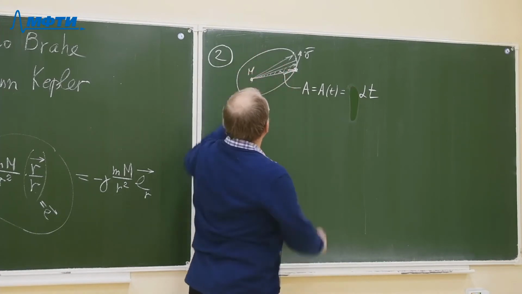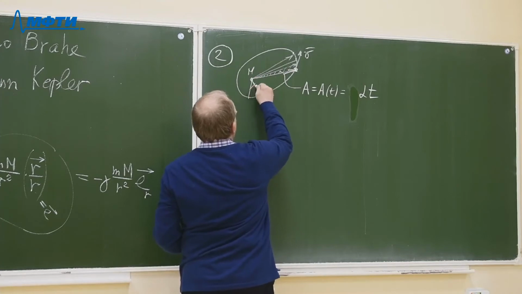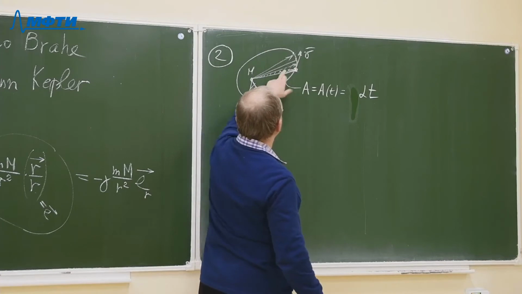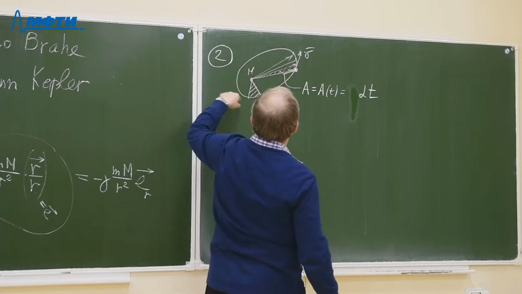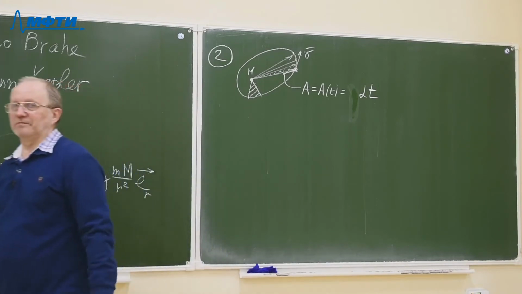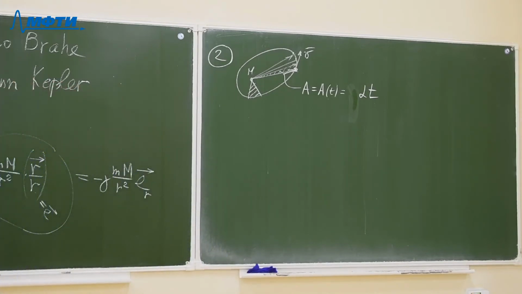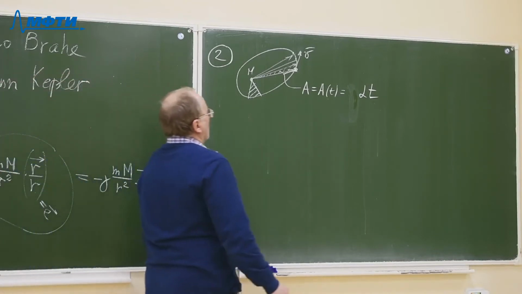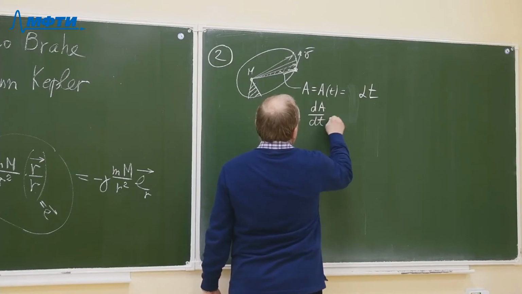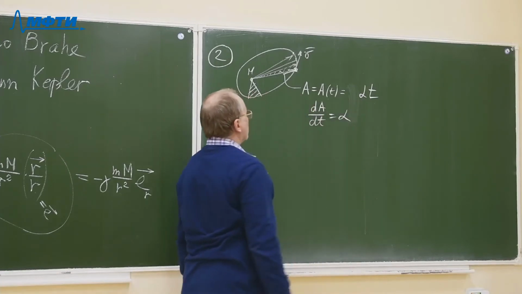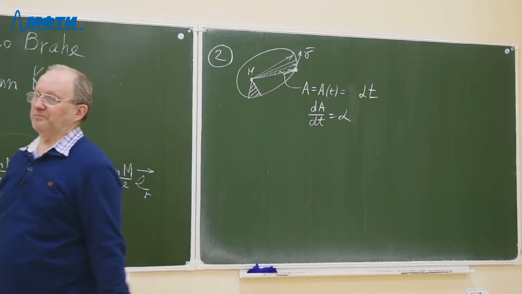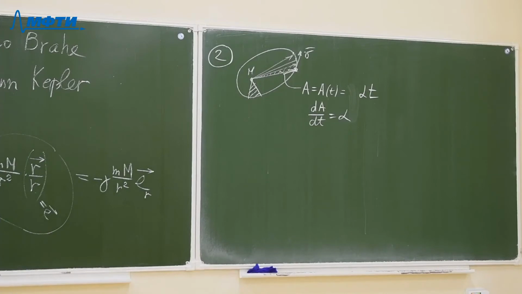Whether you measure it here or here, the area swept by the radius vector within 1 minute will be the same on different sections of the planet's trajectory. Because the area swept in a unit time, dA/dt, is just alpha, the same constant, in each equal time interval.